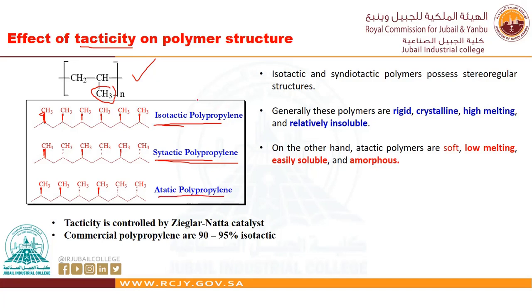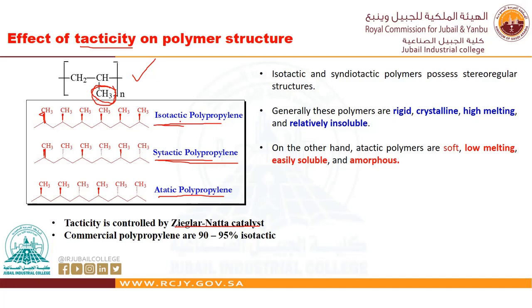Now, these are all polypropylene, but with different tacticity because of the arrangement of CH3. These polymers are all produced from propylene monomer, but the tacticity can be controlled using Ziegler-Natta catalyst or metallocene catalyst. We have several metallocene catalysts, and different industries use different catalysts to regulate or control the tacticity.